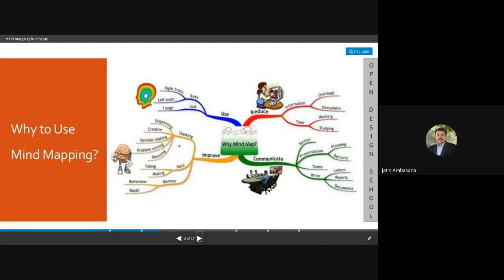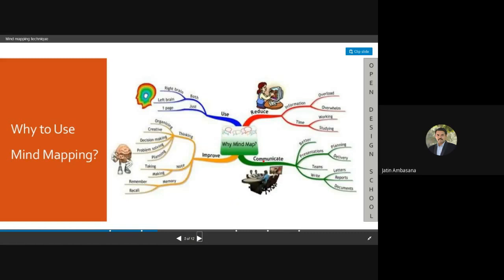Okay, so it allows you to do all these thinking tasks in a creative manner, and you can easily take notes. Taking notes and making notes is very easy using a mind map. And it also allows you to memorize, that is to remember and to recall. So you can improve your memory and your remembering and recalling power.